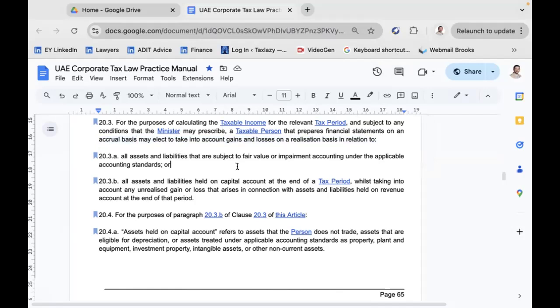It says financial statements are prepared on accrual basis and may elect to take into account gains and losses on realization basis. Correct. You're right, but that cash basis is only the optional treatment. May elect on realization basis means cash basis, but the default treatment is accrual basis.